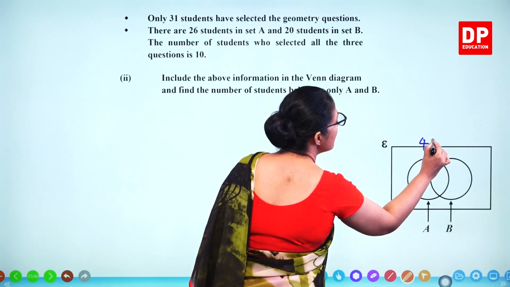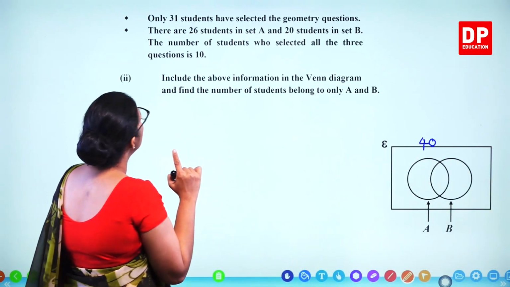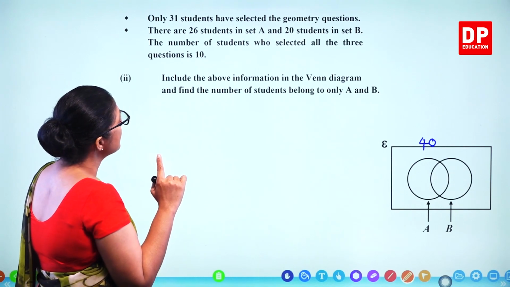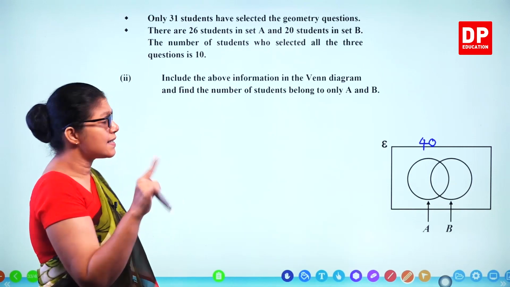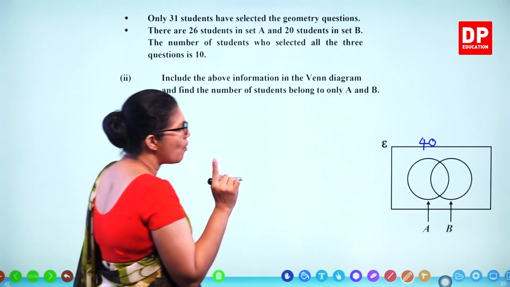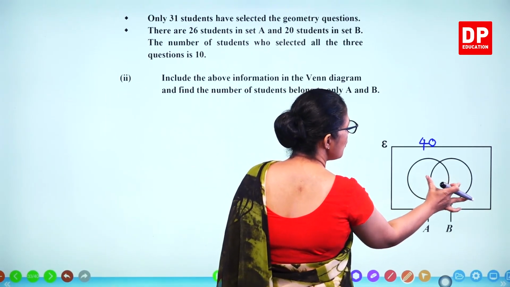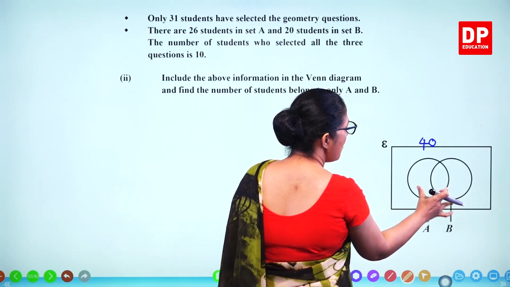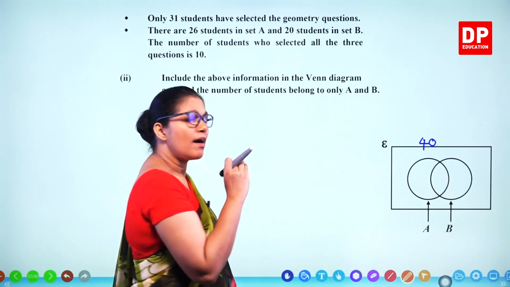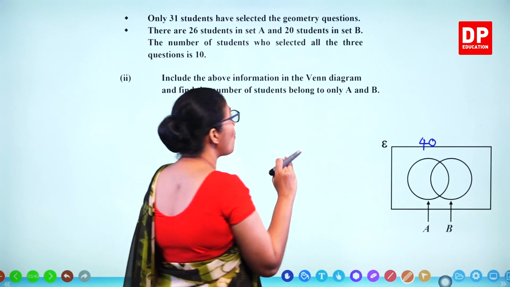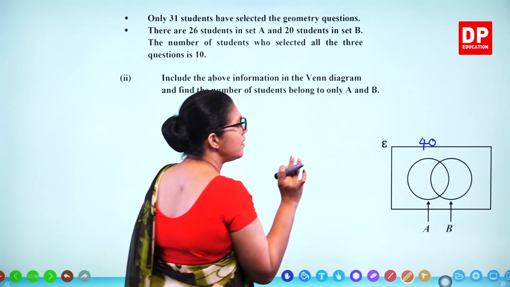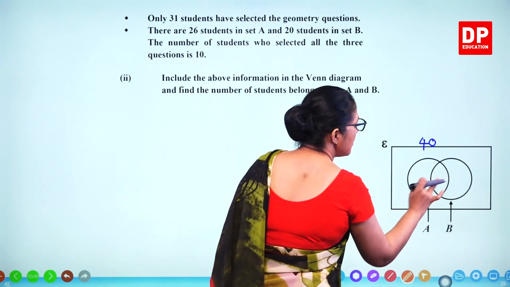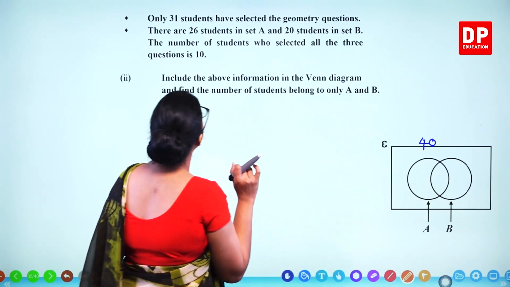So I'll write 40 here. Only 31 students have selected the geometry question. So here I need to draw the C circle. So how can we draw C circle? So this should be inside AB, because at least 1 means 1 or more than 1 are done from A and B.